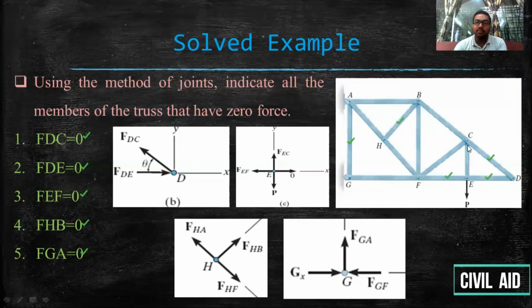So it has become much easier to solve the problem, because we have already solved for almost half of the members. That's why it is very important to identify the zero force members even before going to the mathematical calculations, just by visual observation of the joints.